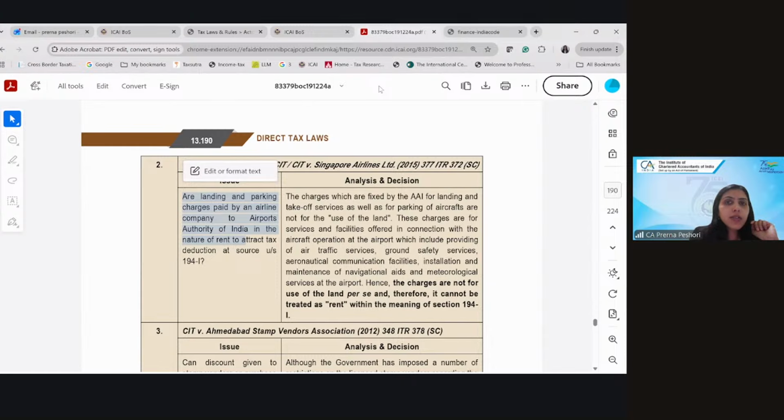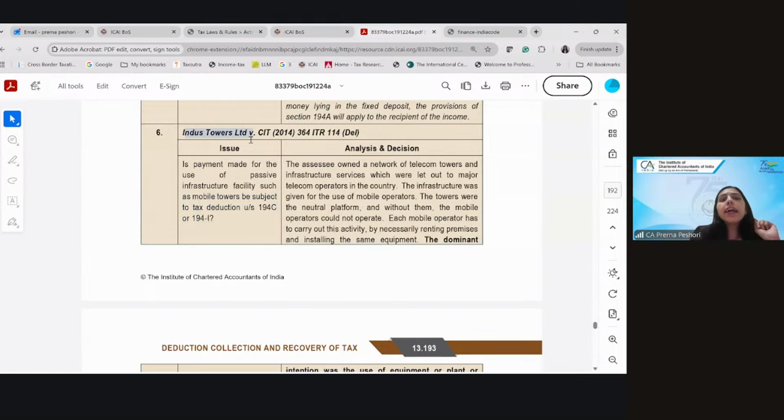Next is the Delhi High Court judgment in the case of Indus Towers Limited. Is the payment for the use of infrastructure facilities such as mobile towers subject to deduction under 194C or 194I? Indus Towers operated the telecom towers and infrastructure services which are then let out to Vodafone, Airtel, to transmit their services through the towers.